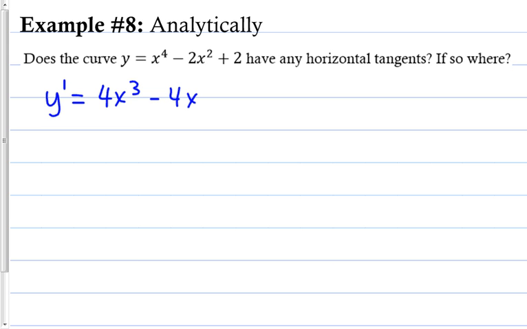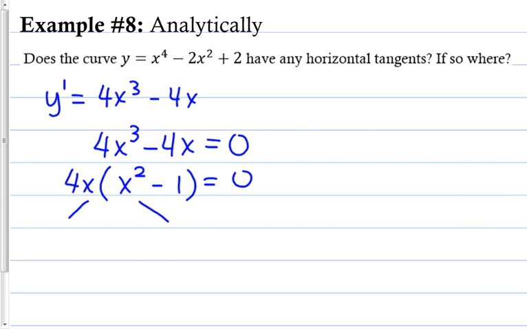And then once you have your equation derived, or the derivative, you're going to set it equal to 0 and figure out, okay, what are my x values? So I see that there's 4 and x in common for both of these terms. So I'm going to factor that out. That's the GCF, the greatest common factor. And I'm left with x squared minus 1.